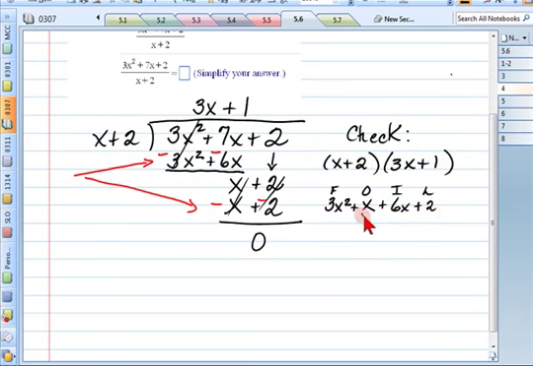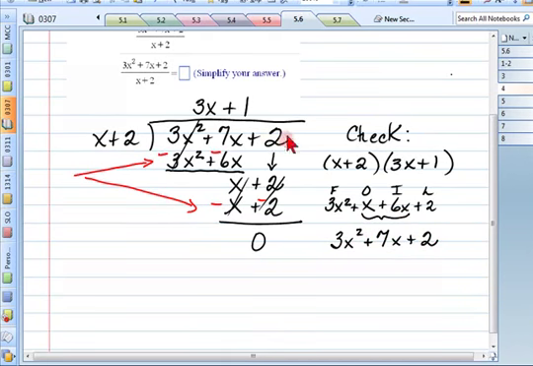Just like what happened to us over and over yesterday, the outers and inners turn out to be like terms. I have 3x squared plus 1 and 6 makes 7x plus 2. And does that check? This product is the same as this dividend. So it does check.